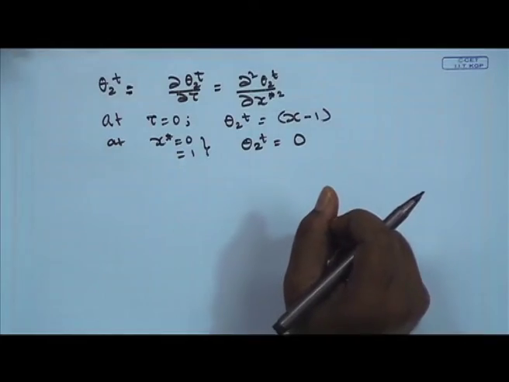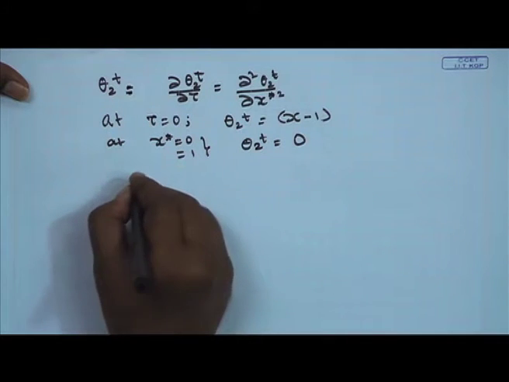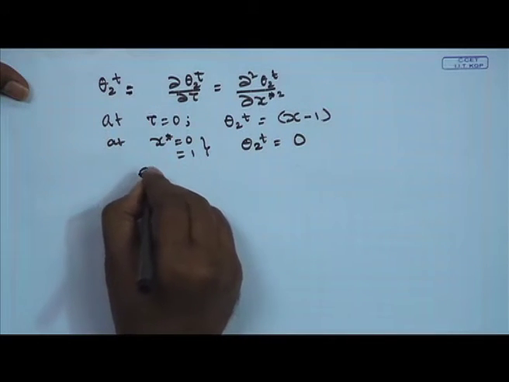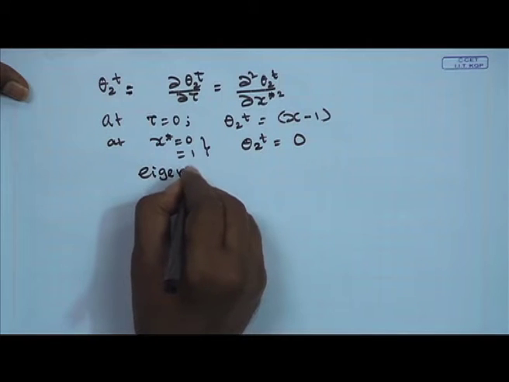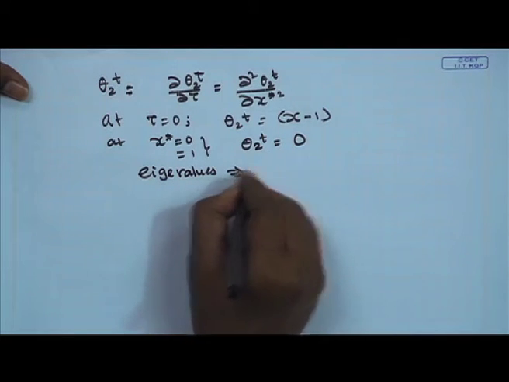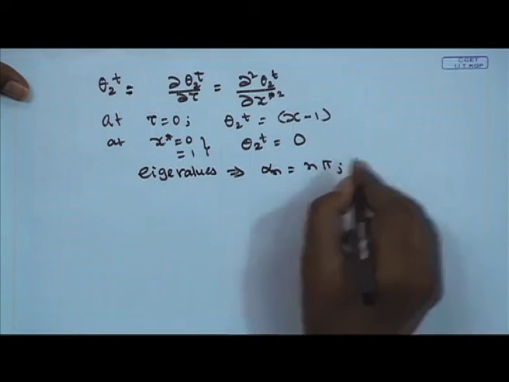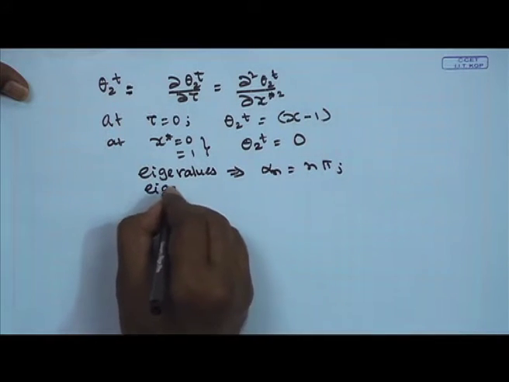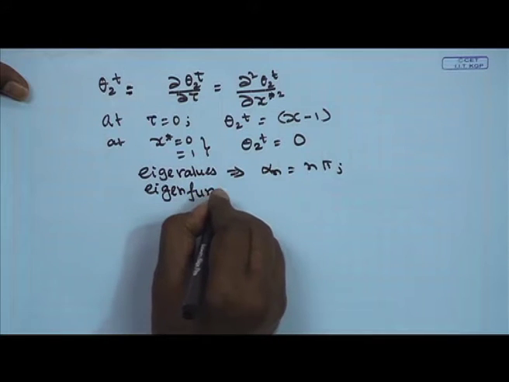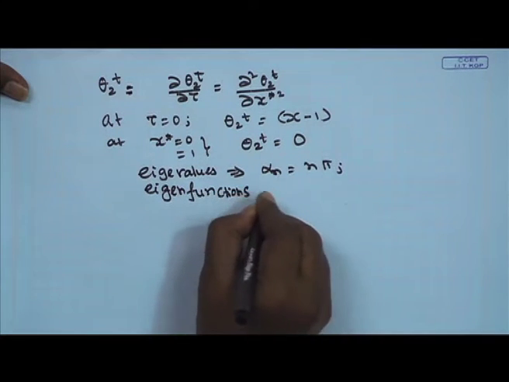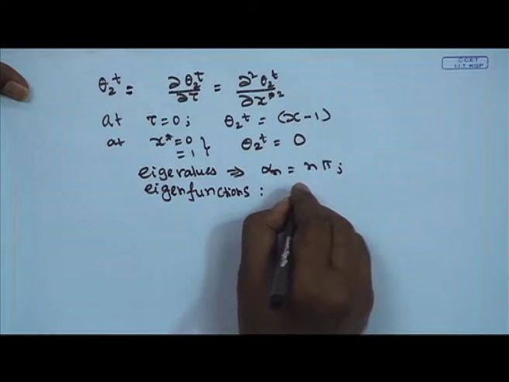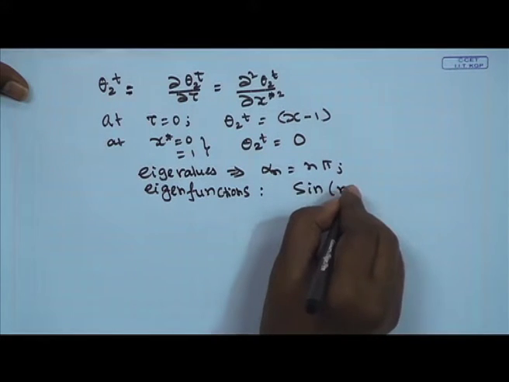So if you look into this problem, the problem is having the eigenvalues alpha n equal to n pi, and the eigenfunctions are the sine functions, sine n pi x star.